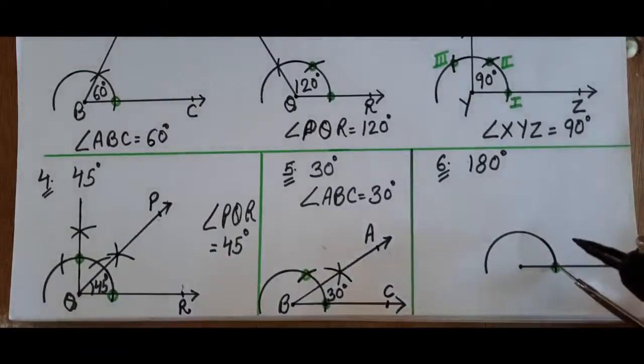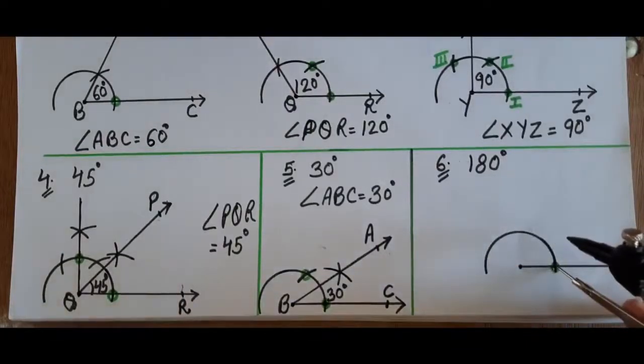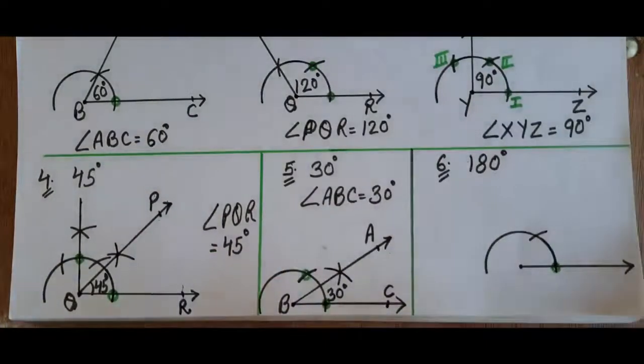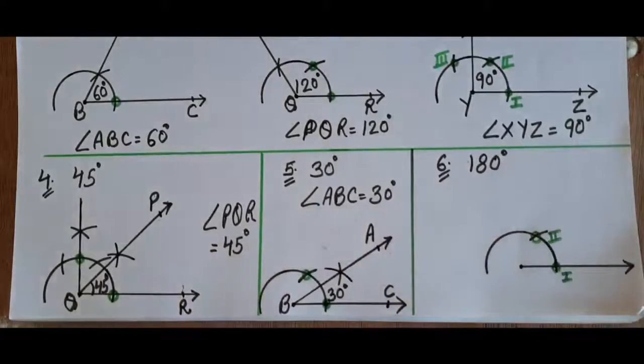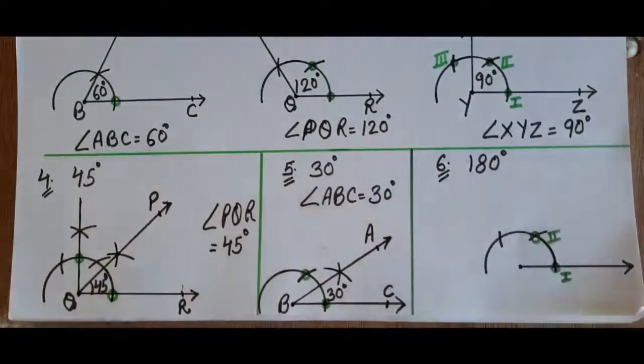The distance should be the same, right? Compass point at this point, cut the arc for 60 degrees. Now the second time keep the compass point at this second point, cut the arc for 120 degrees.